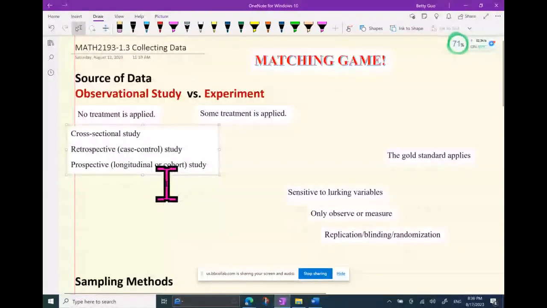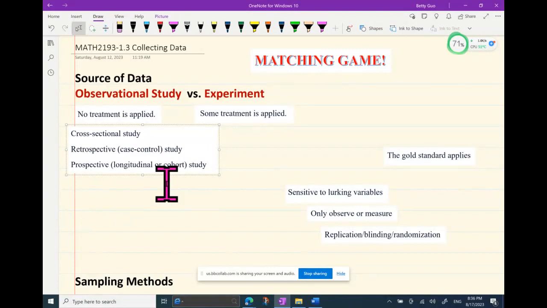If you are doing an observational study, you have three ways to do that. If you collect data at a point of the timeline, like at this moment I'm collecting your feeling, on Facebook, it's pretty interesting, there's a "what are you feeling at this moment", right?